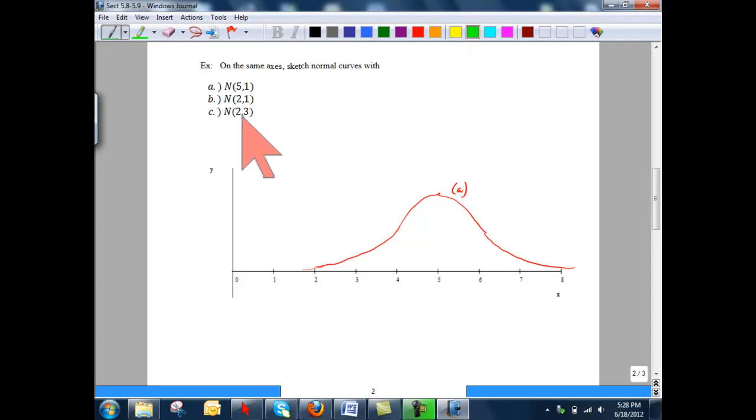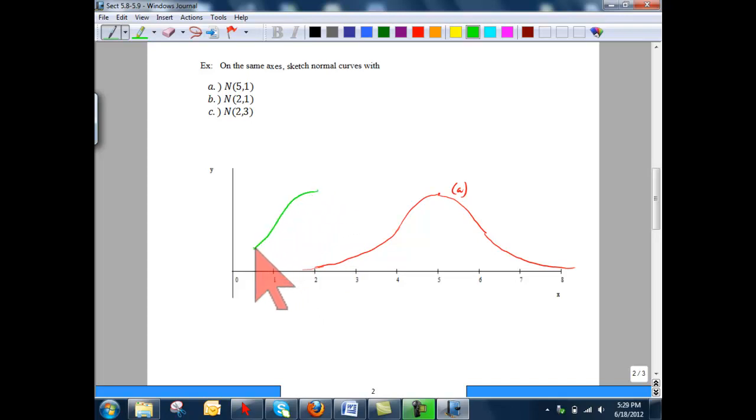For B, normal curve with mean 2 and standard deviation 1. Remember, the mean controls the position, so we've changed the peak from 5 down to 2, and other than that, the shape and the rest of the curve stays exactly the same.